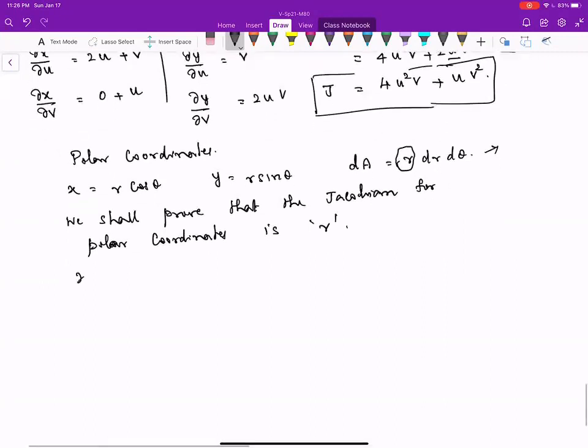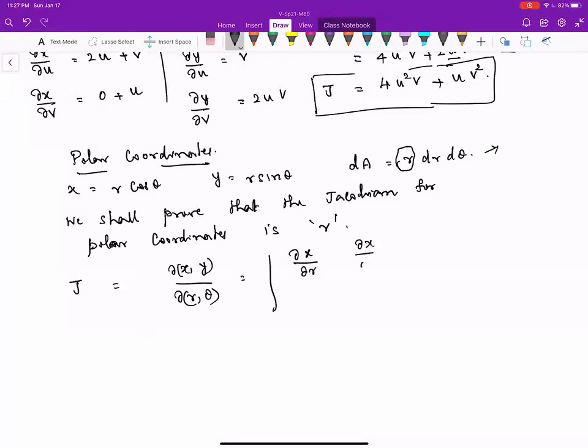So the Jacobian for the polar transformation is given by dou xy over dou r theta, which is the determinant dou x over dou r, dou x over dou theta, then second row dou y over dou r, dou y over dou theta.